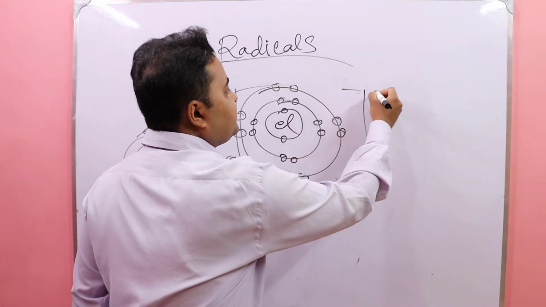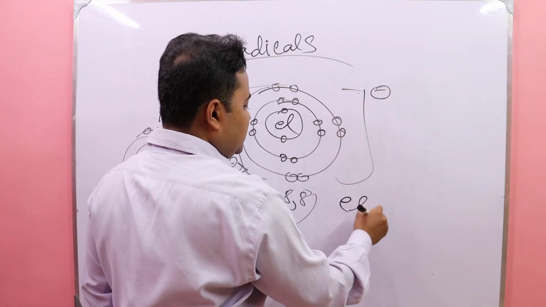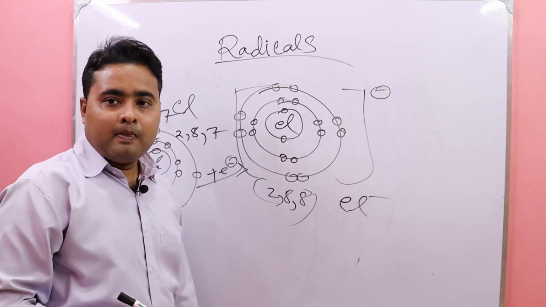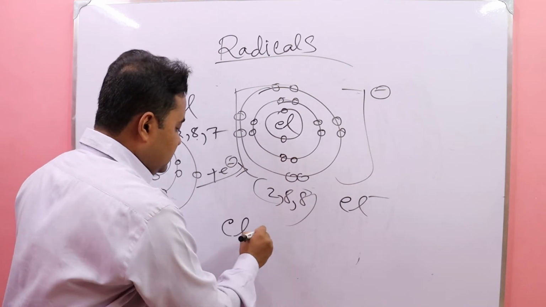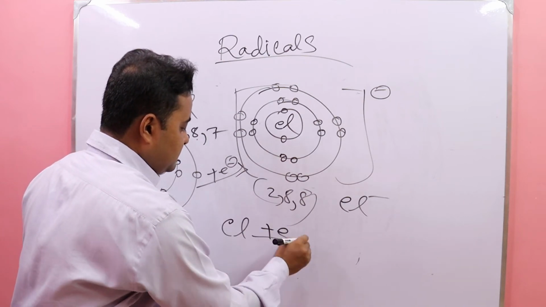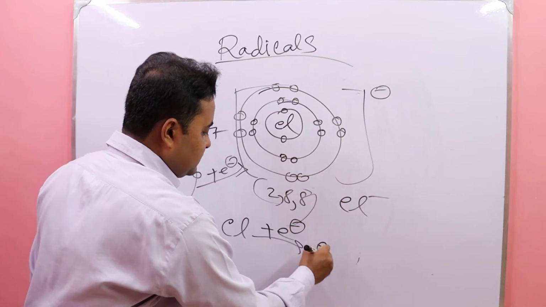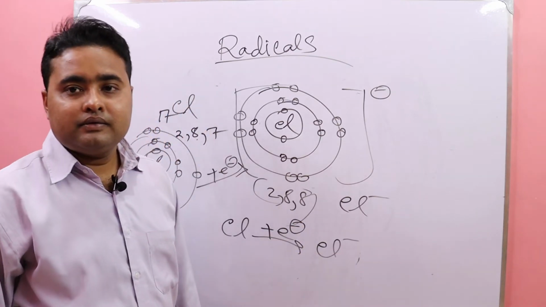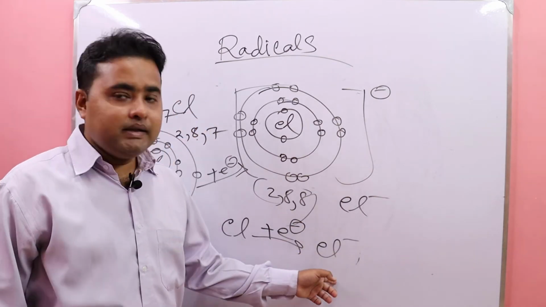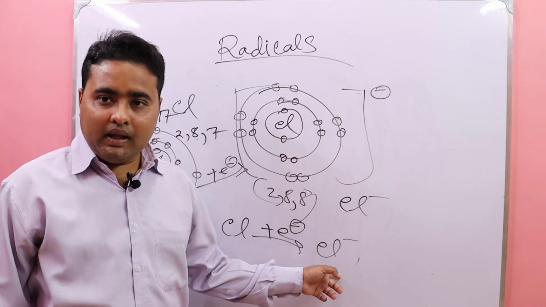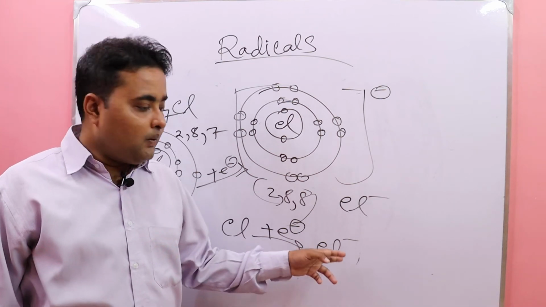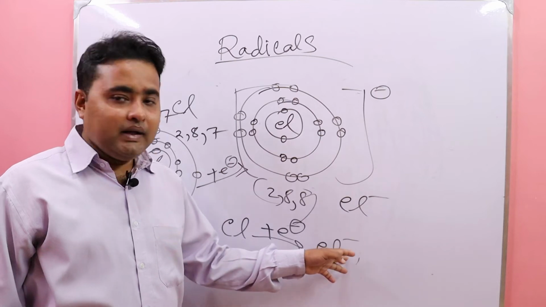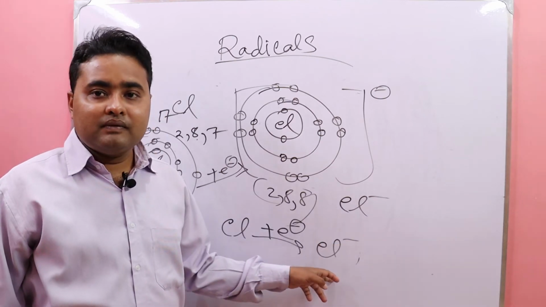That is chlorine minus. So chlorine accepts one electron and it becomes chlorine minus. So this is the radical of chlorine. Here chlorine gains one electron, that's why it becomes negative.